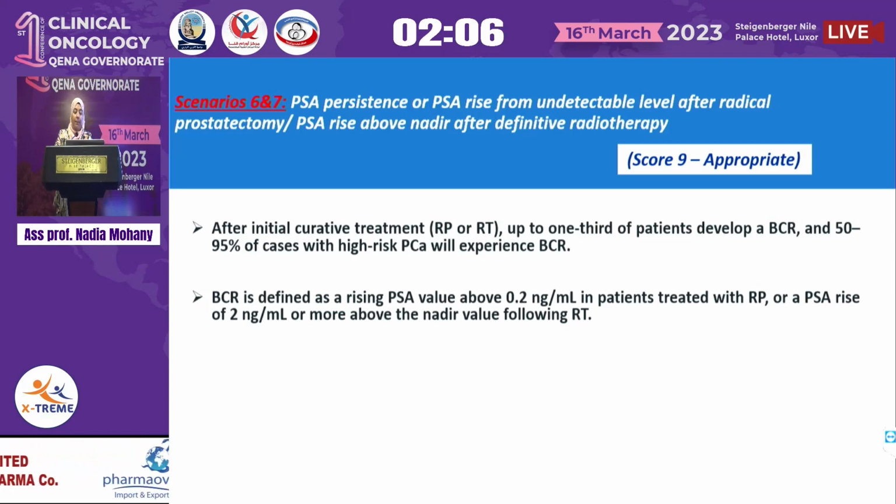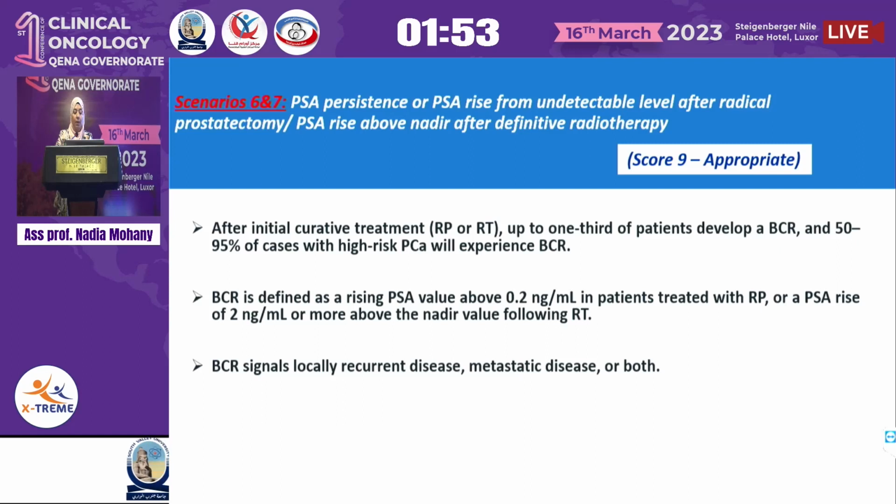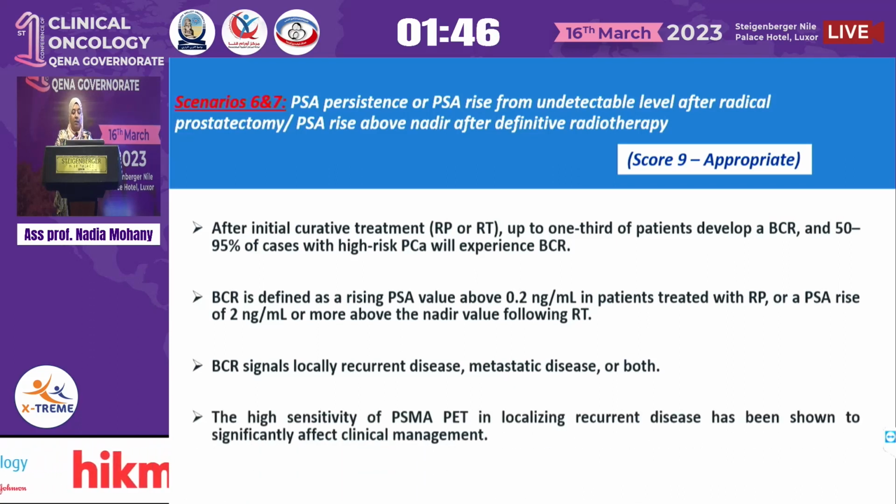It is defined as a rising PSA value above 0.2 nanogram per milliliter in patients treated with radical prostatectomy, or a PSA rise of 2 nanogram per milliliter or more above the nadir value following radiotherapy. Biochemical recurrence signals locally recurrent disease, or metastatic disease, or both. The high sensitivity of PSMA PET in localized recurrent disease has been shown to significantly affect clinical management, so it was given score 9.